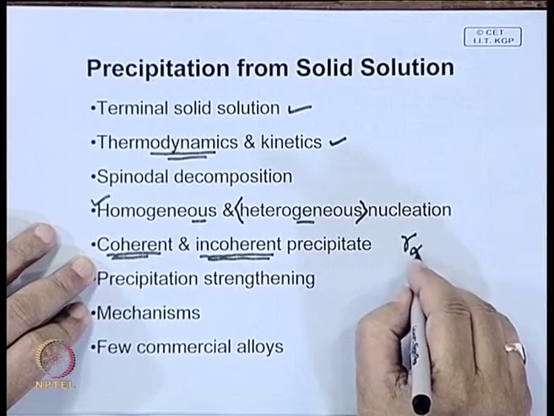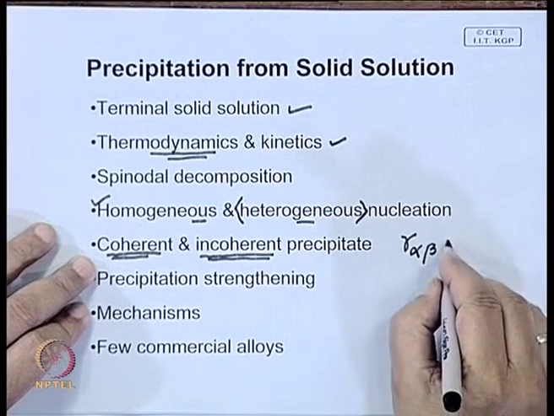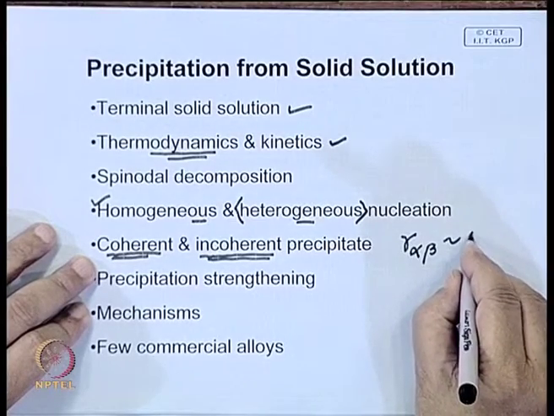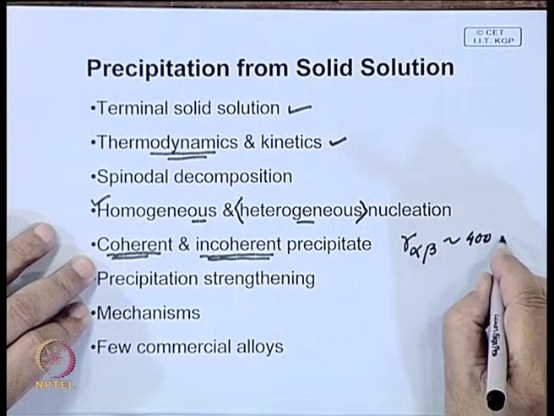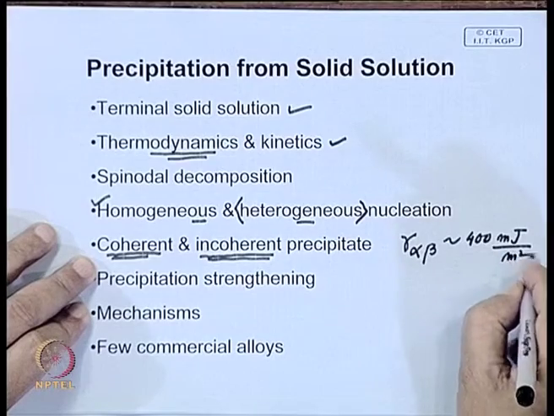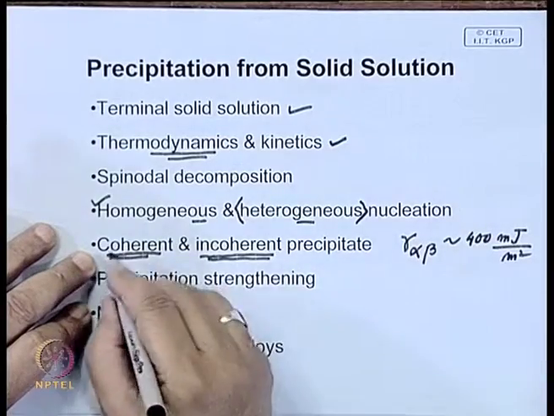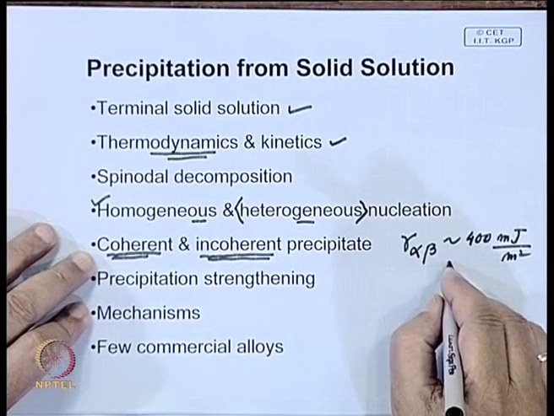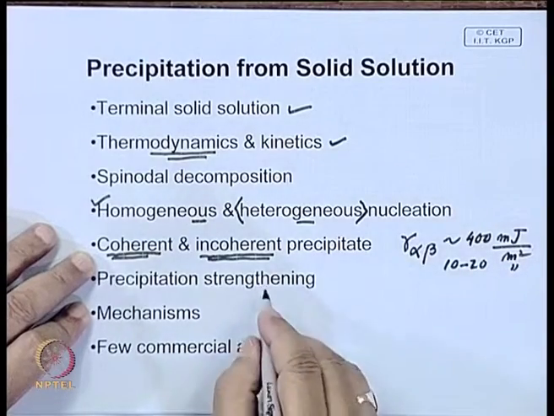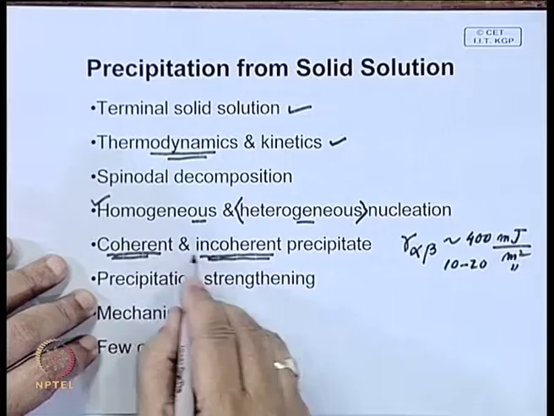That means, if in a matrix alpha, a beta precipitates, there will be an alpha beta boundary, and this is of the order of quite high, maybe 300 or 400 millijoules per meter square. Whereas for coherent precipitate, this surface energy will be extremely low. It could be 10, 20 millijoule per meter square. And you can also have some intermediate precipitates in between, which are semi coherent precipitates.